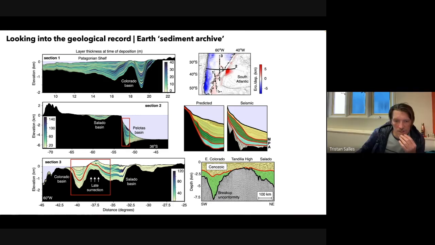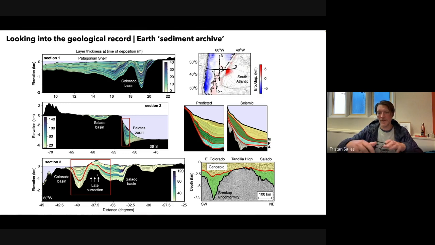So the challenge is that in this model, the Salado Basin and Colorado Basin initially form a huge single basin, and you can see the layers there. They are pretty continuous over the two basins, and this is because in the paleogeography there is no mountain in the middle.